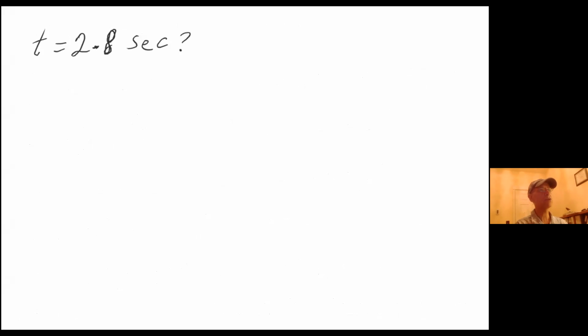t equals 2.8 seconds. So I guess the key to answering this question is to understand that we are looking for dy over dt, and we cannot get that straight from the given information. We have to use the chain rule and manipulate the given information.